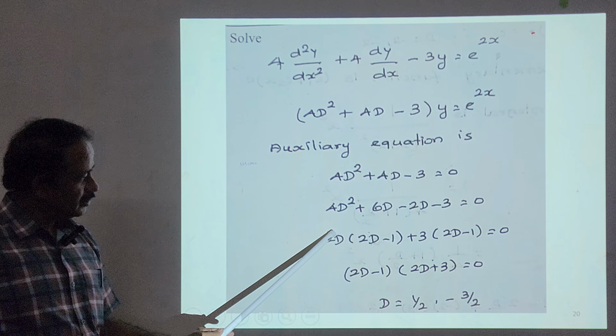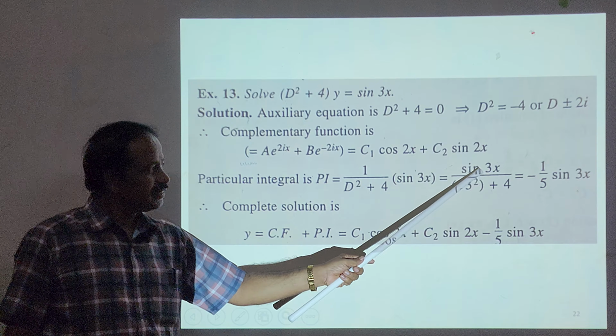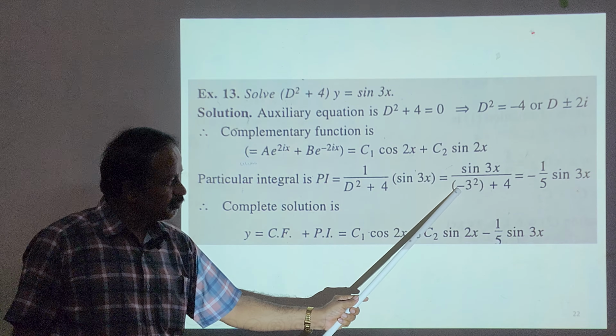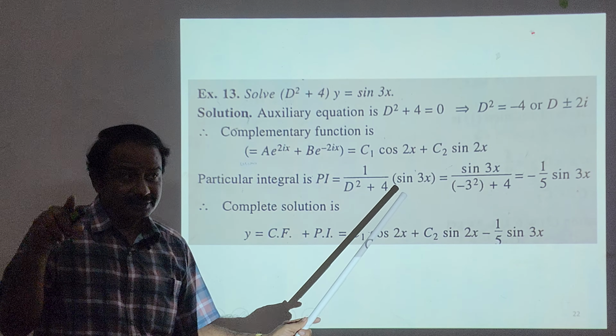Particular integral. As usual, as I said, 1 divided by the auxiliary equation. So 1 divided by d square plus 4 multiplied by sin 3x. Now, for sin 3x, the formula is 1 divided by minus a squared. So here, sin 3x exists, so you have to write minus 3 squared. It is not minus 3 whole squared.